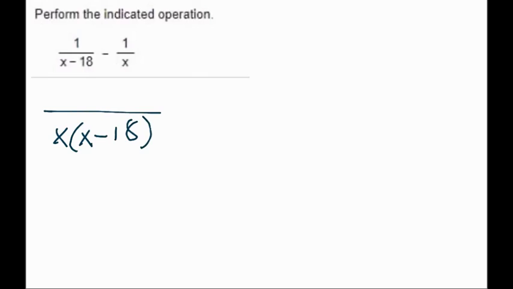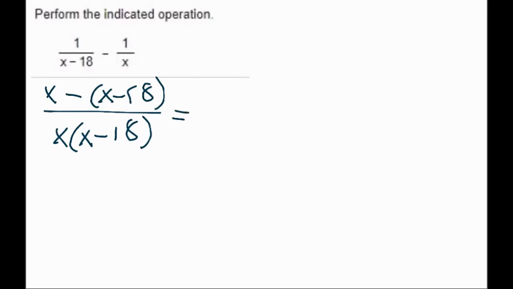So we take x times 1, then negative 1 times x minus 18. We'll just write negative x minus 18.